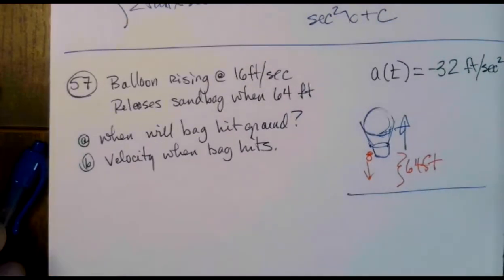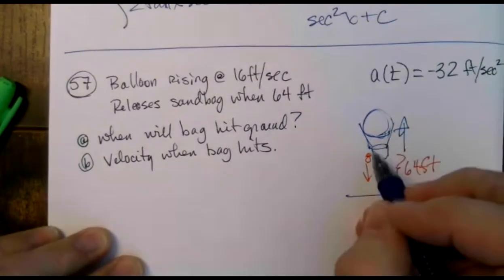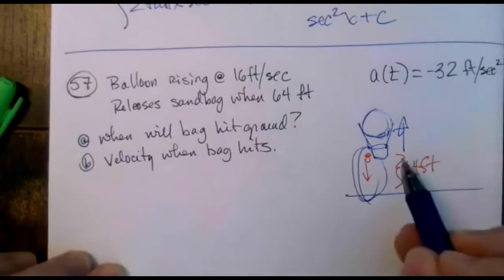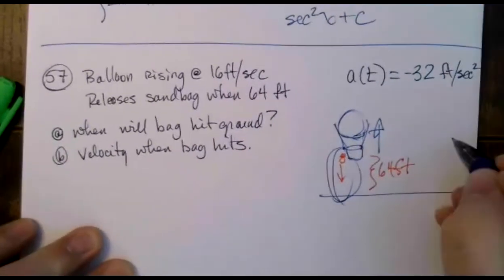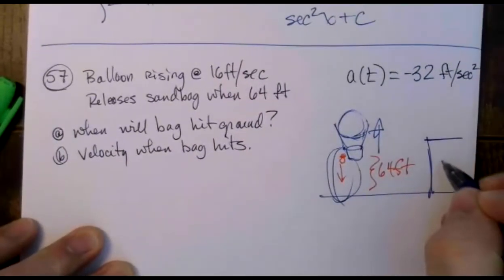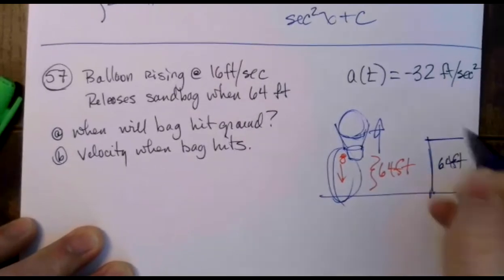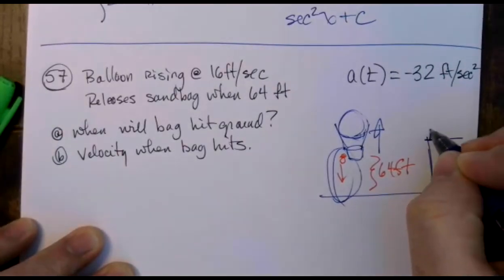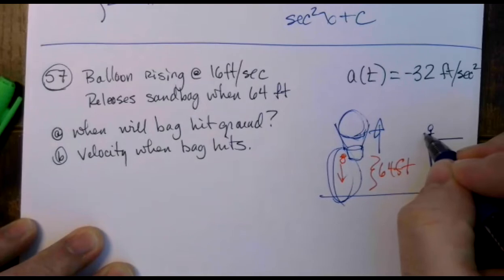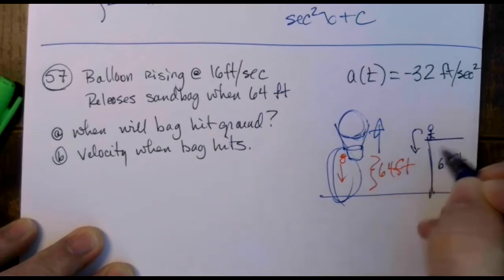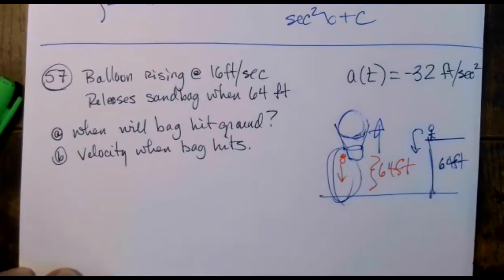The rest of this problem is all about this sandbag. It has nothing to do with the balloon. This whole problem could have been done with a 64 feet building, and we have a dude up here, didn't have to be a dude, and he throws something off the building, and then it starts falling.